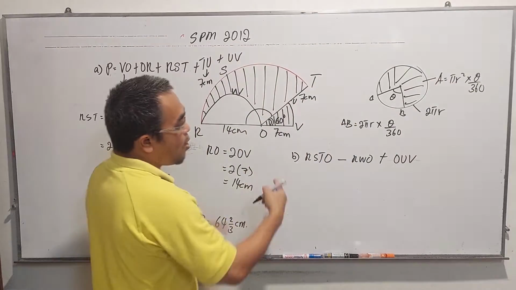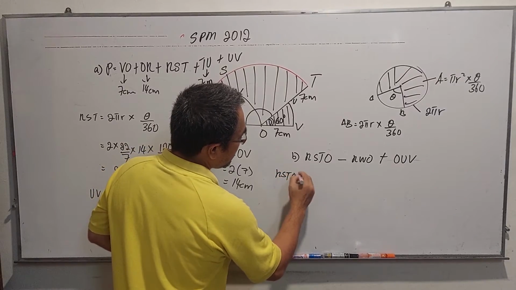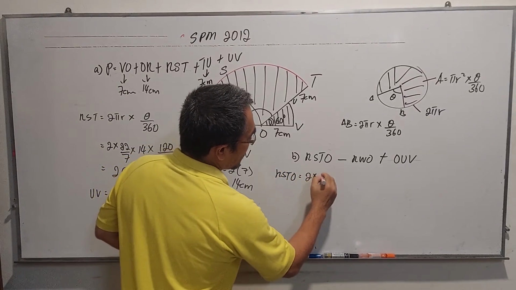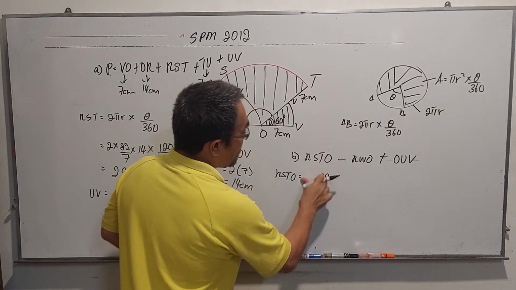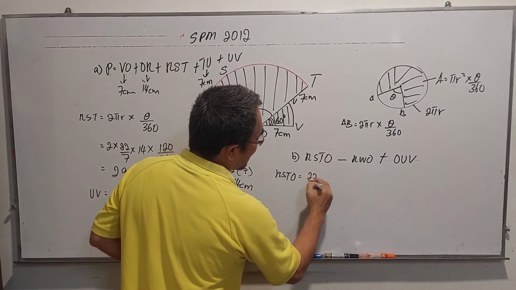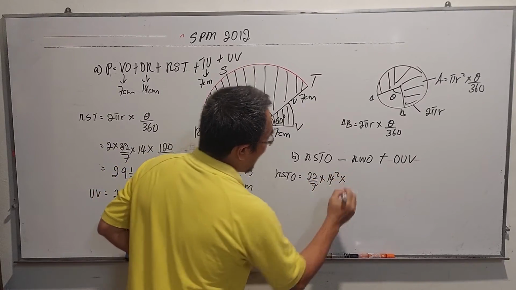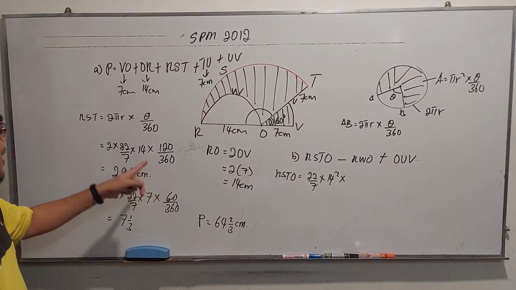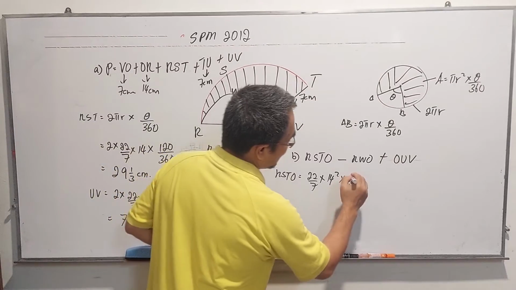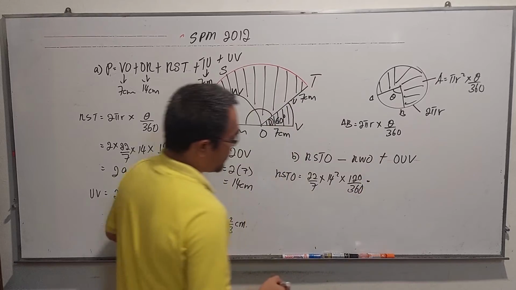So for RSTO, pi r squared, there is no 2. 22 over 7 times 14 squared times 120 over 360.